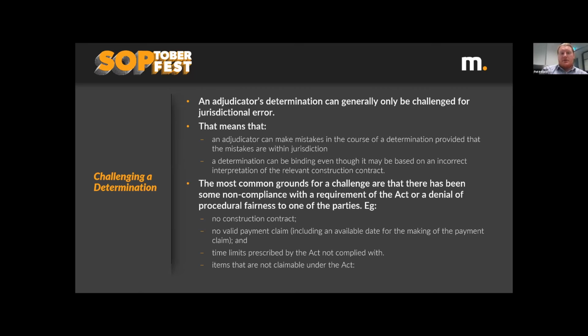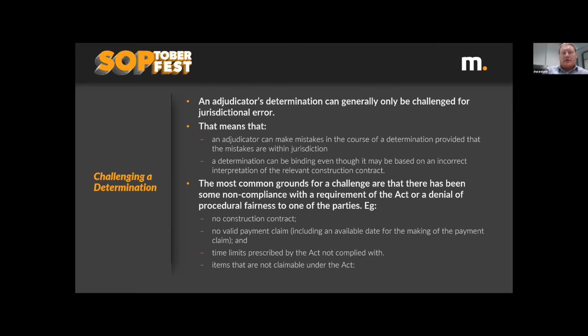Adjudicators' determinations can generally only be challenged for jurisdictional error, which essentially means that an adjudicator can make mistakes in the course of a determination, provided that those mistakes are made in the course of their action in accordance with the Act. As long as they've complied with their duties under the Act, there may be a factual error. However, a determination can be binding even though it may be based on an incorrect interpretation of the contract.